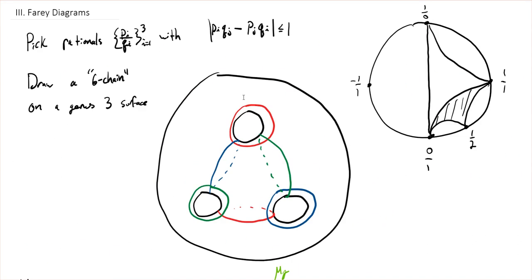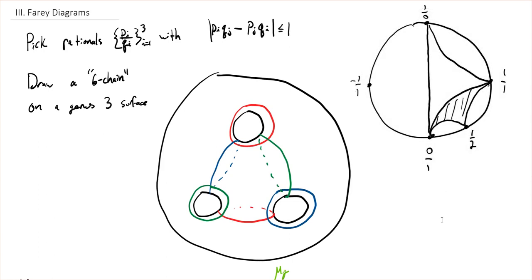So the first thing you're going to want to do is pick 3 rational numbers that satisfy this determinant condition. So pairwise, when you do this computation, you'll get either 0, 1, or -1. So once you have those rational numbers, put them in your back pocket. By the way, you can get a triple of distinct rational numbers this way by looking at this Farey circle. Allen Hatcher wrote about this somewhere, I think in his Topology of Numbers book.